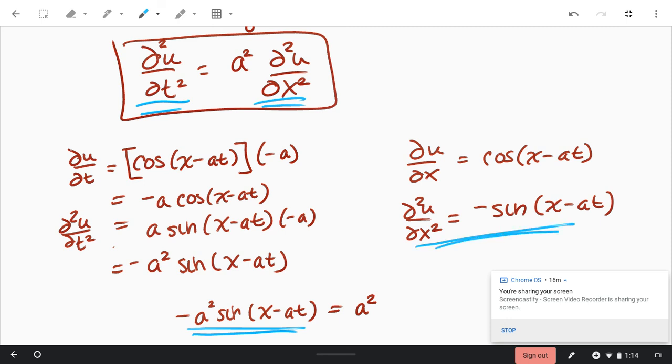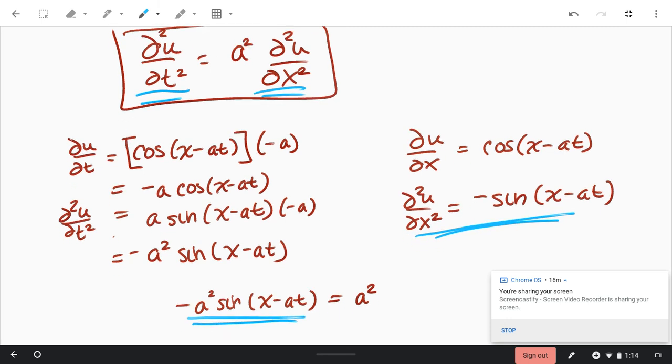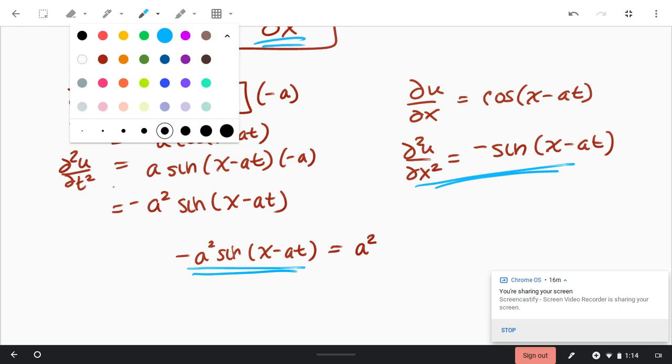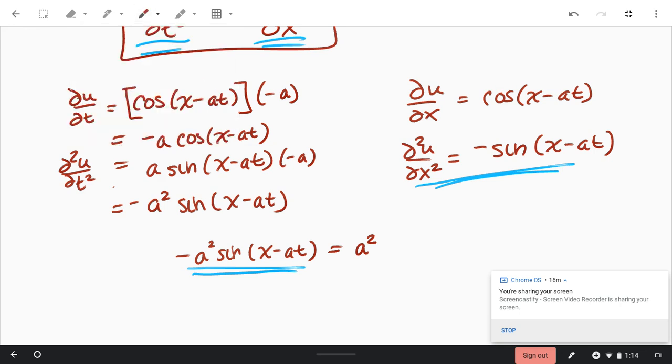Okay, so that should equal negative sine of (x minus at). And so we've got it, negative a squared sine (x minus at).